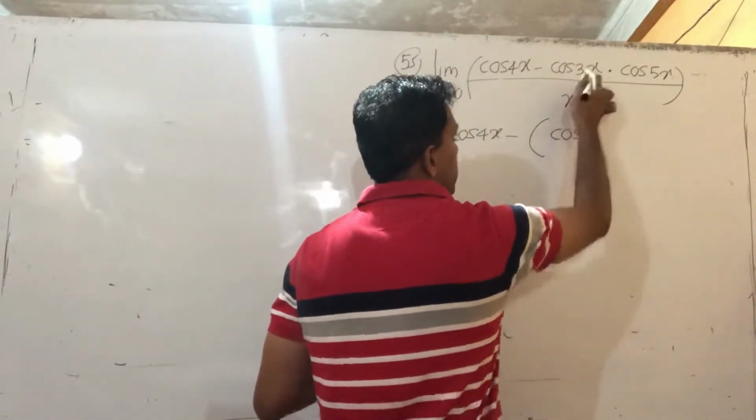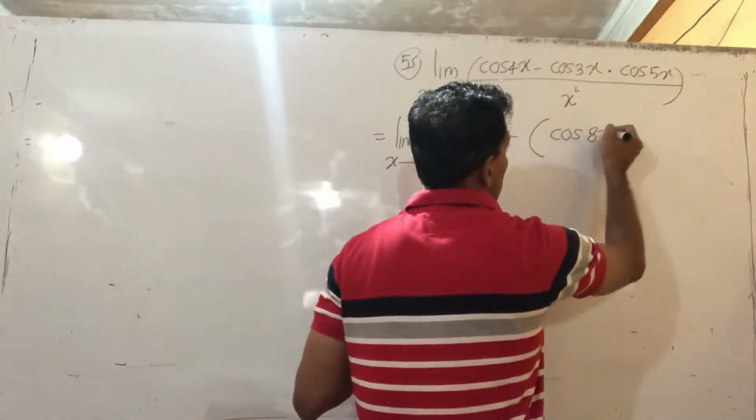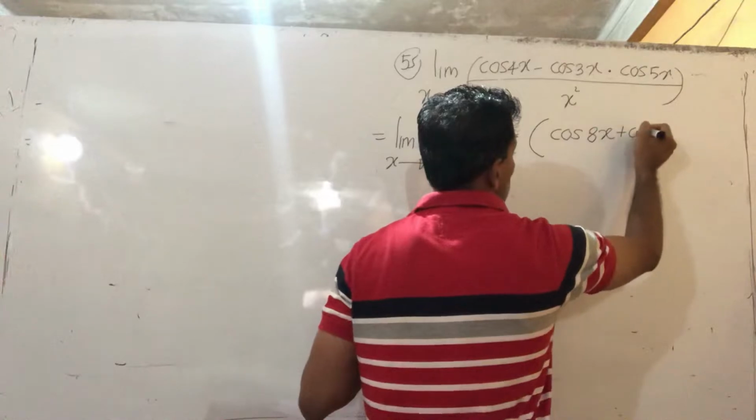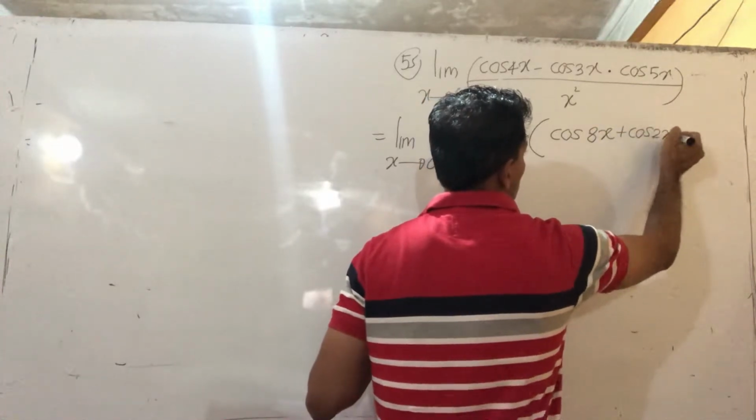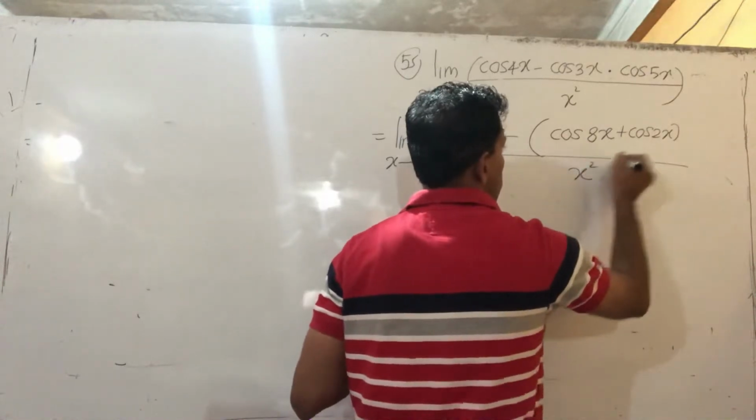To get this 2, cos 8x plus cos 2x. Check the value below, over x square.